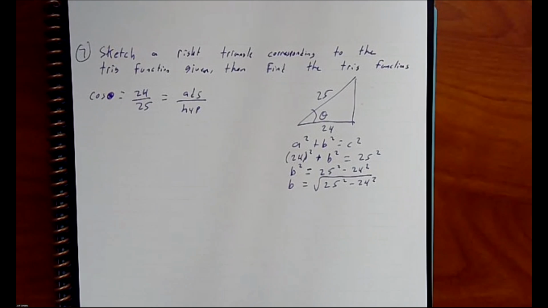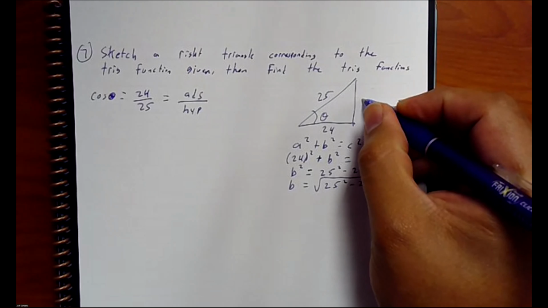All right. What is 25 squared minus 24 squared? That is 49. Is it a magic triangle?